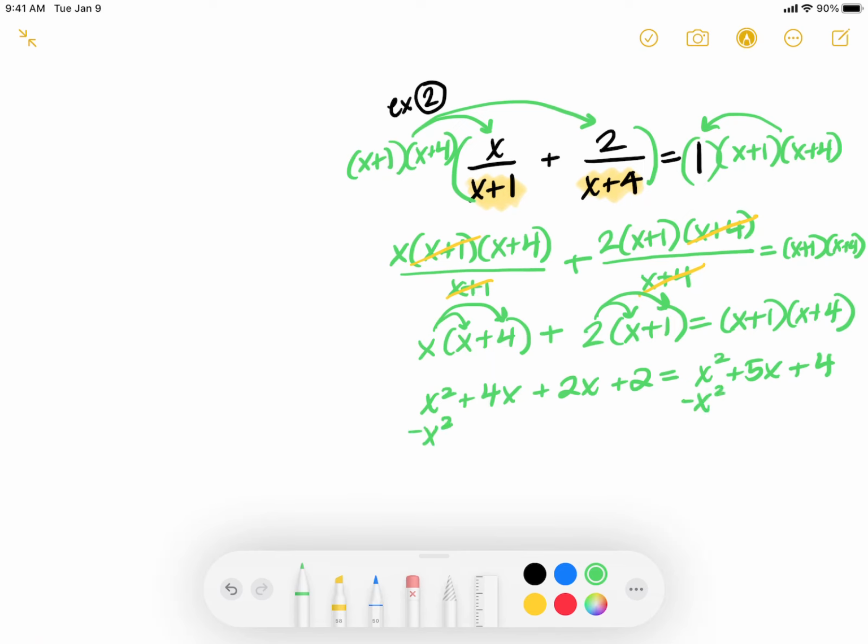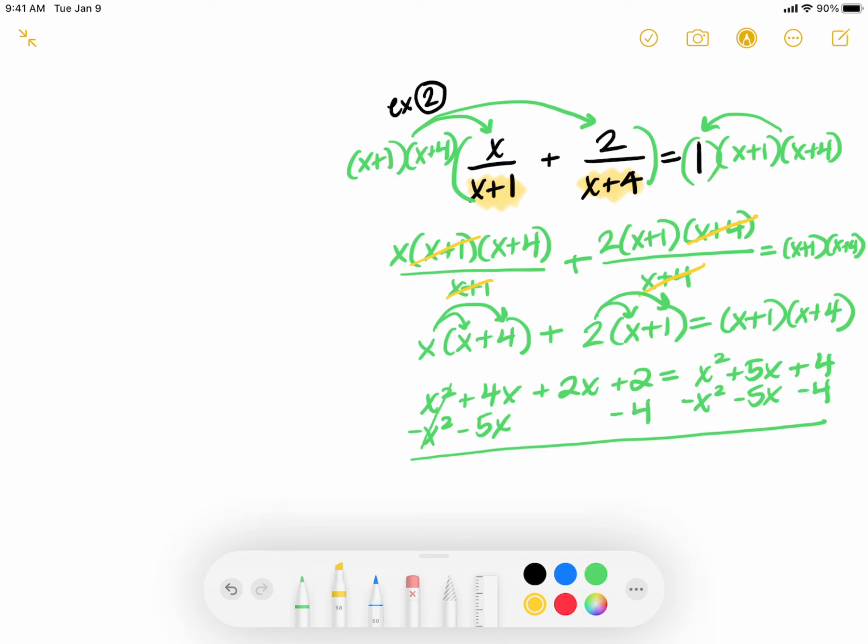Subtract x squared from both sides. Subtract 5x from both sides. And subtract 4 from both sides. So x squared minus x squared, those are gone.